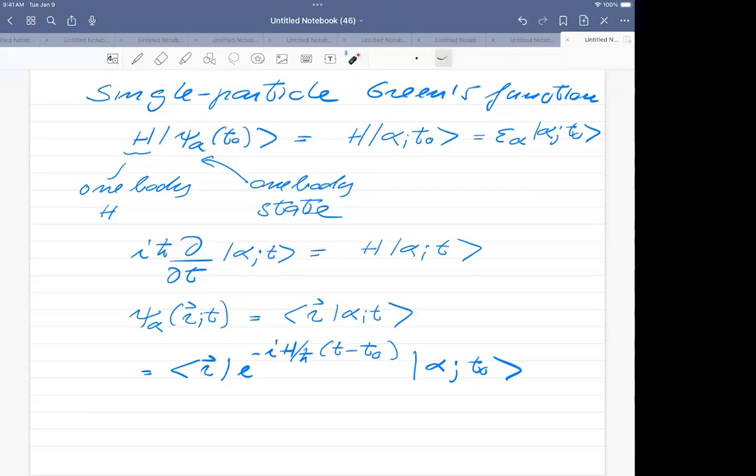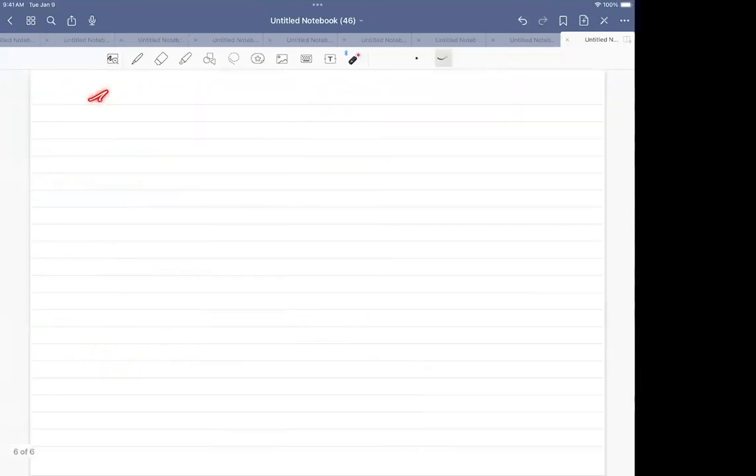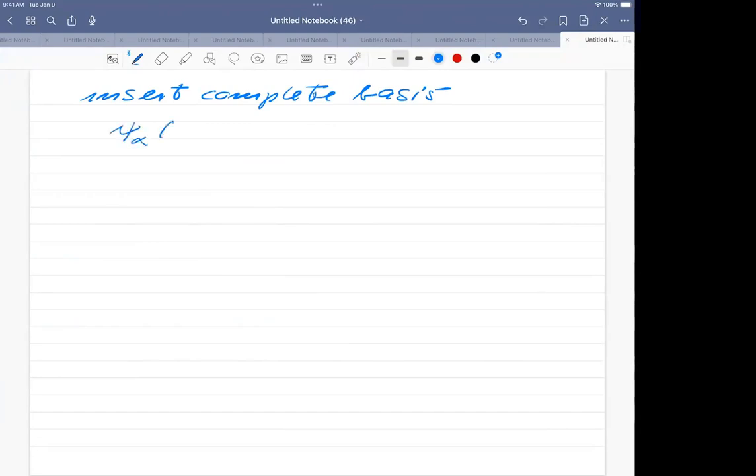And then what we can do now when we are calculating this one, we can insert a complete basis. And we have the completeness relation, which we can use then. So that means that I can now write the state ψ_α(r,t), which is now given as an integral over r′, I'm using the completeness relation.